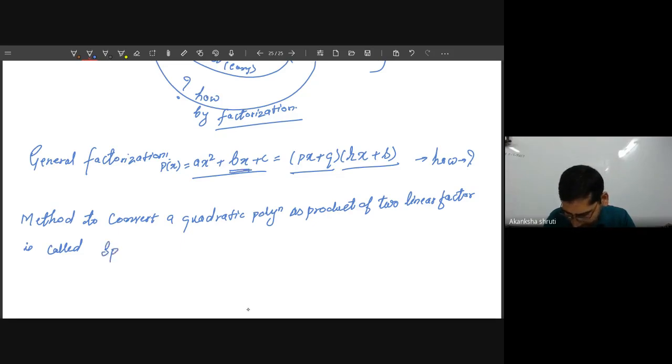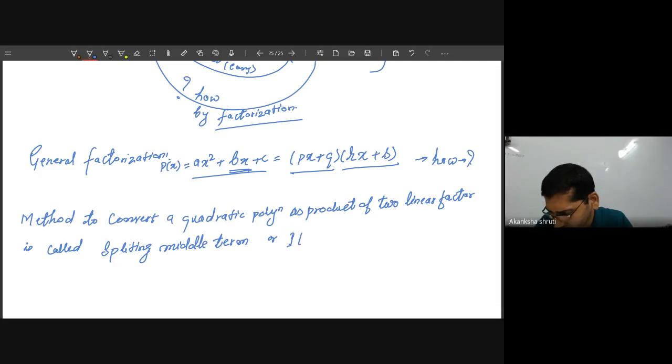So various names are there. It is also called the first term into third term method.